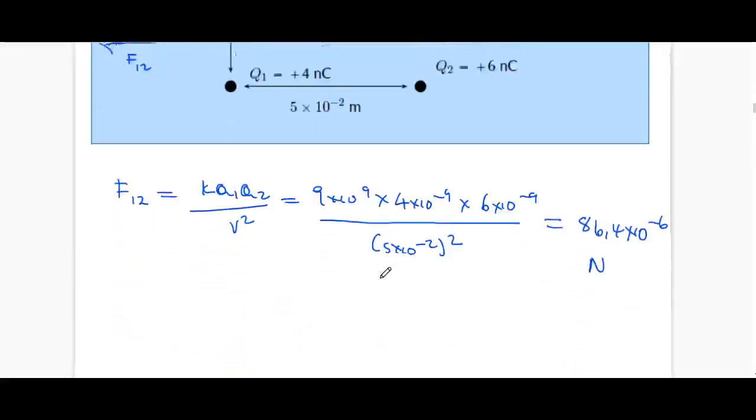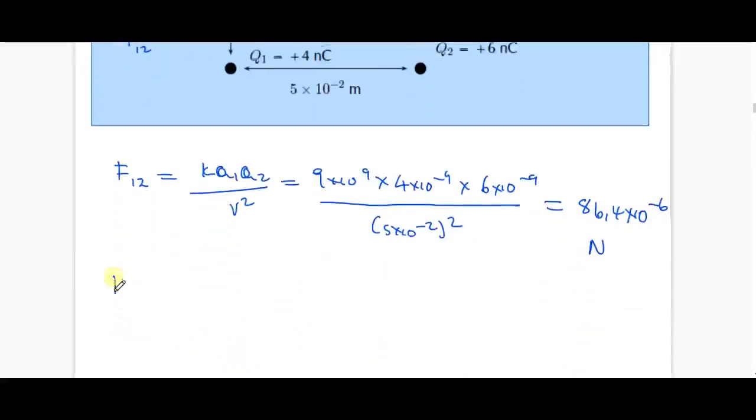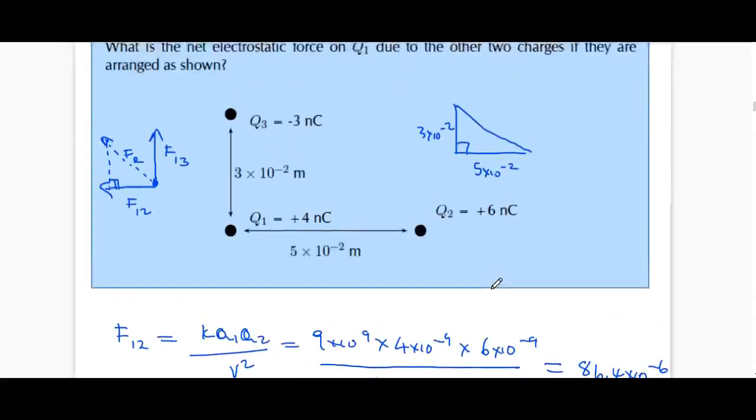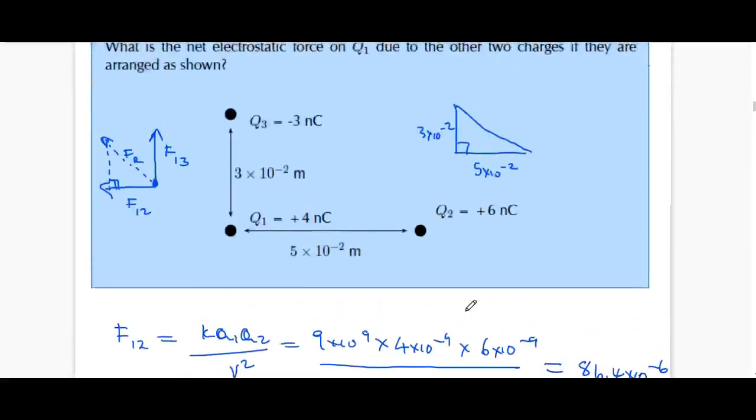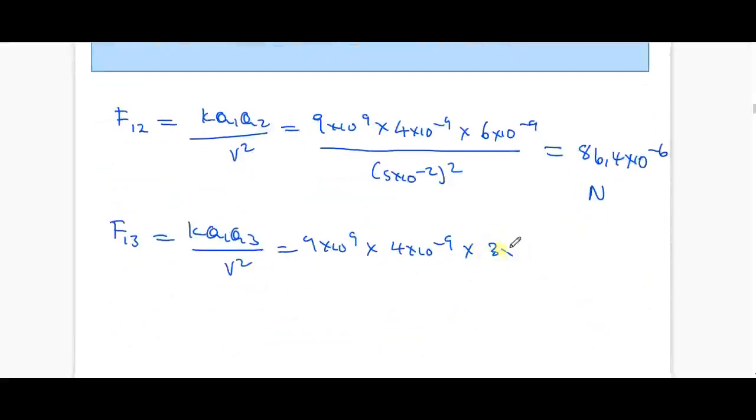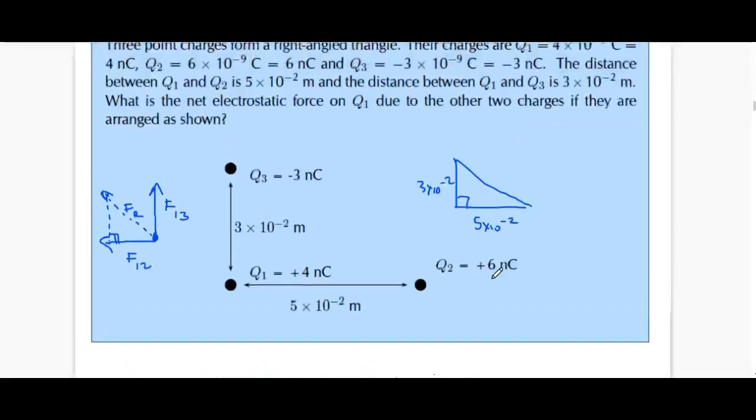Okay, let's calculate F13. So F13 is Q1 Q3 divided by R squared. So 9 times 10 to the power 9 multiplied by 4 times 10 to the power minus 9, multiplied by Q3, which is 3 nanocoulombs, divided by R squared. How much is R?